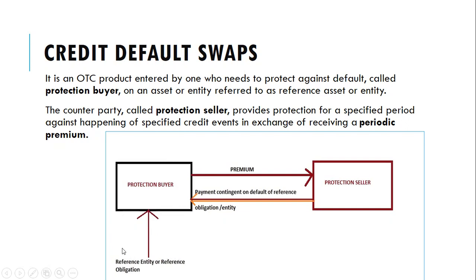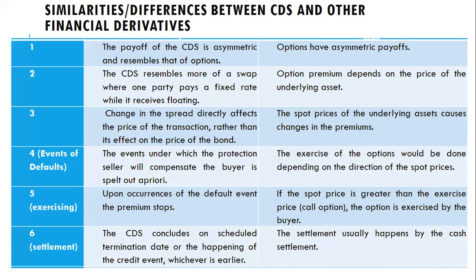If the actual event occurs, if the default actually occurs, then the protection seller makes the payment, which is equivalent to how much risk is involved. If the event doesn't occur, similar to insurance, the premium is the amount earned by the protection seller, or the insurance seller.